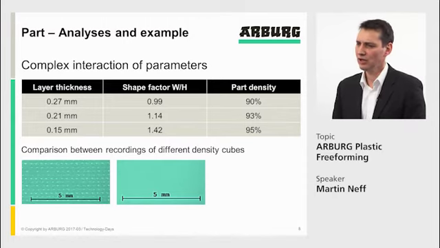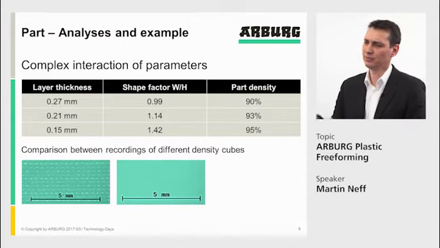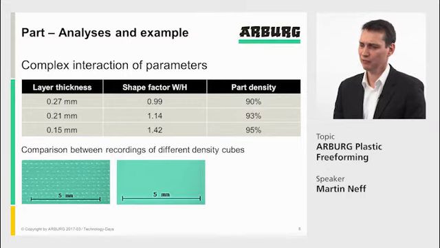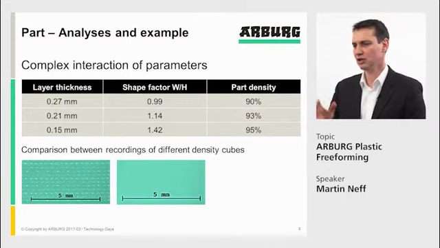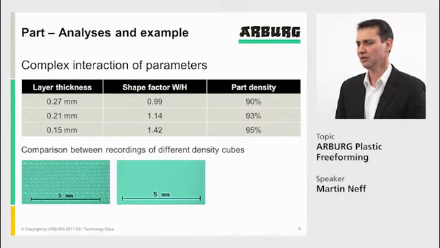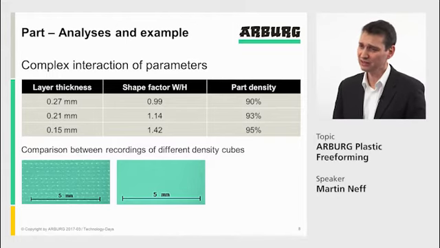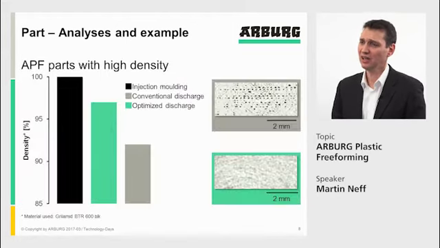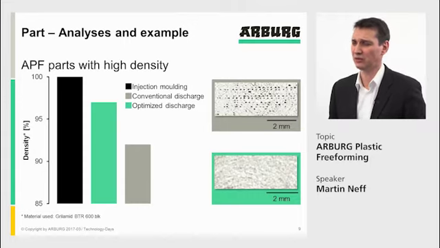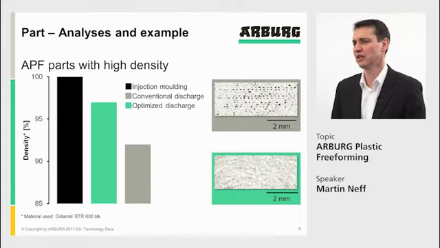That correlates directly with the CT scans you see below in the screen colored. We want to go into the direction of the right-hand CT scan, where we really see a very homogeneous dense layer. How does it affect part density and strength? That is what we want to show in the next slides.